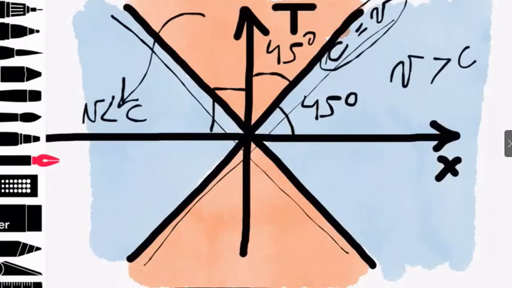It means that only particles can reside, if you want, on those thick lines, with an angle of 45 degrees. Now, because on the bottom the time is negative, this is the past.